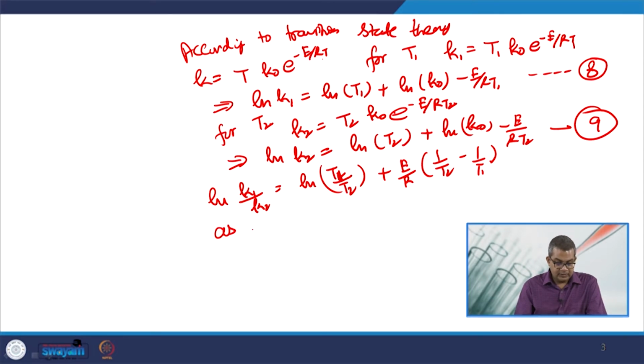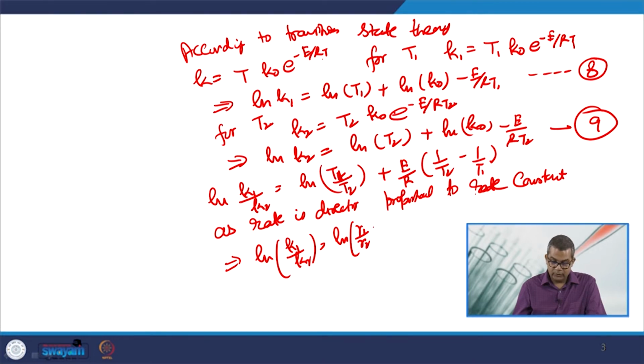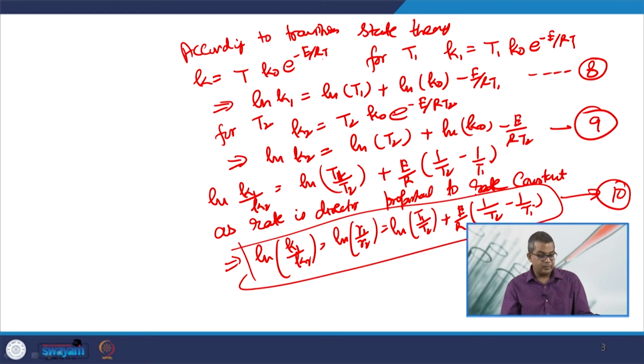Now as rate is directly proportional to the rate constant, this gives you ln K1 upon K2, which is ln R1 upon R2, is equal to ln T1 upon T2 plus E upon R (1 upon T2 minus 1 upon T1). So this is again one of the generalized equations, and we can say this is equation number 10.